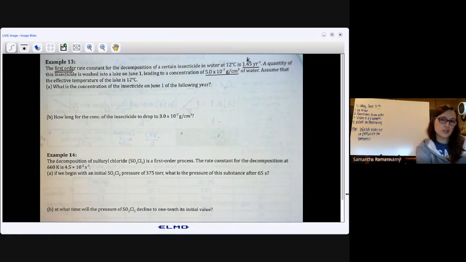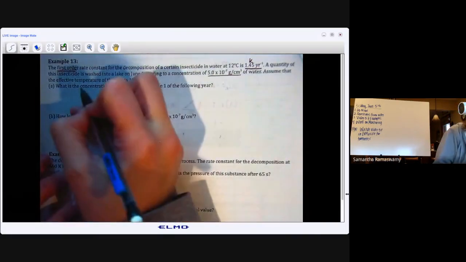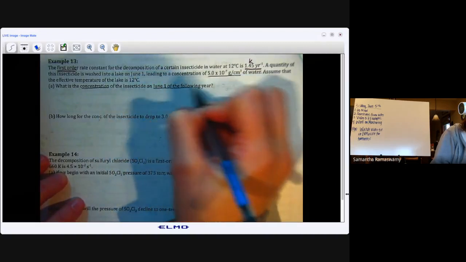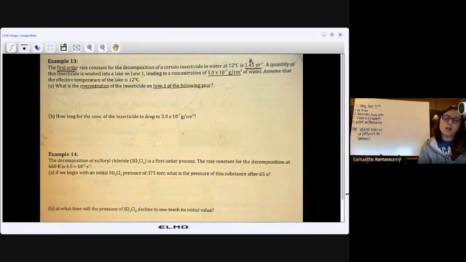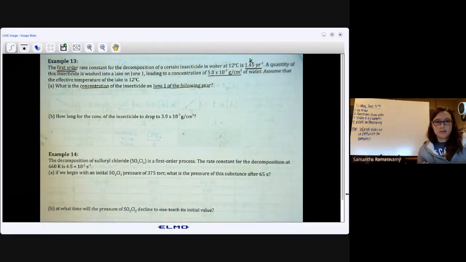If they give us concentration and time, we'll use the integrated rate laws from the equation sheet. So if I take a look at this, it wants to know what is the concentration on June 1st of the following year. So this is concentration and time, which means I'm going to be using the integrated rate law.